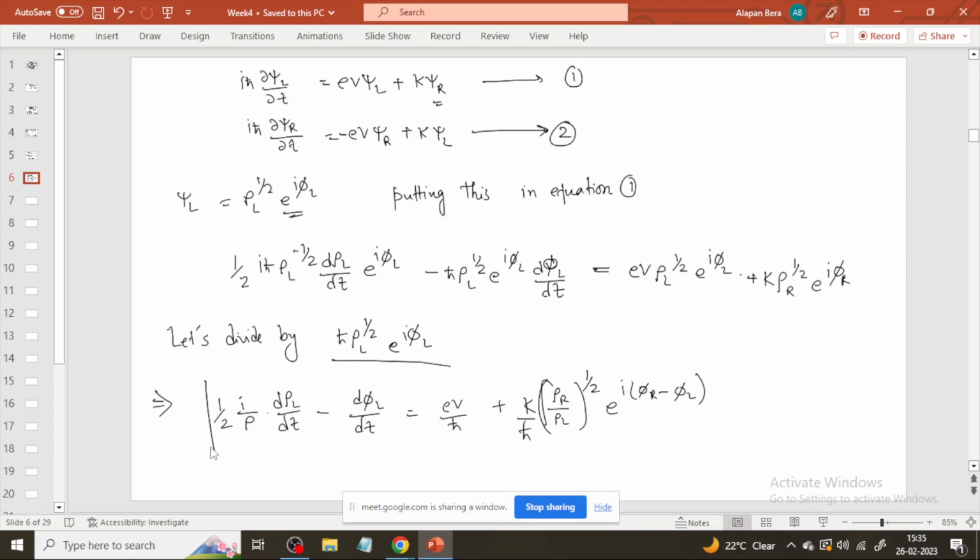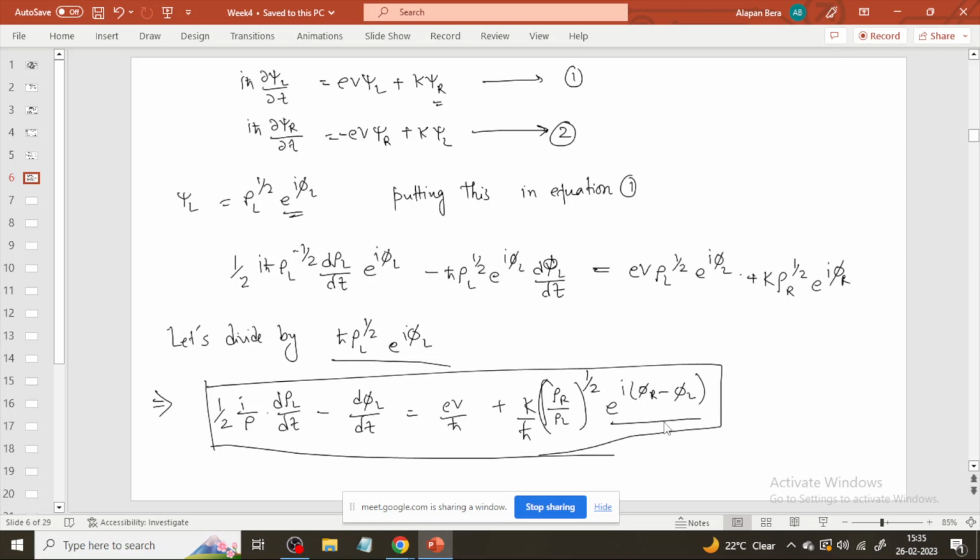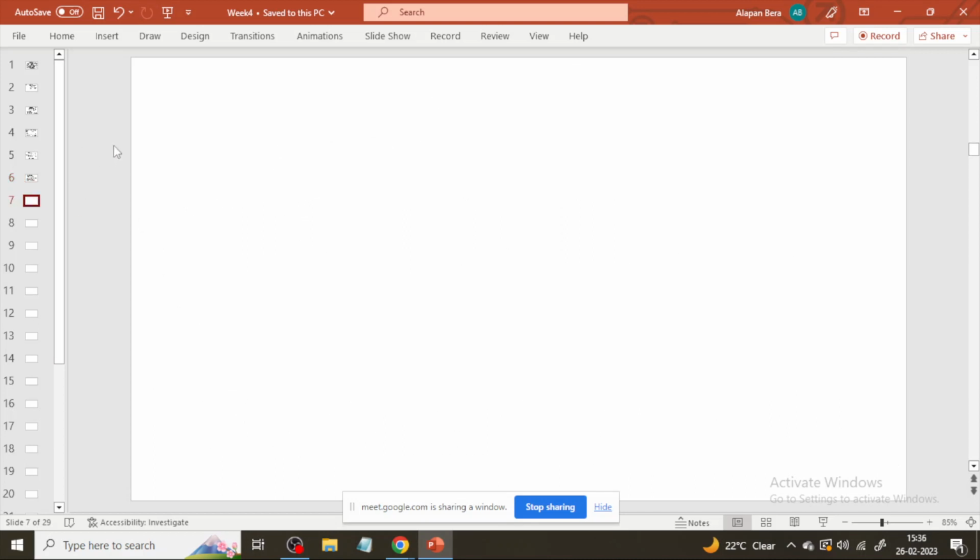Okay, so now we have this equation without them. Now we can write this term e to the power i phi as this. So we break it into the real part and the imaginary part. Putting that in that previous equation, what do we get? We get i by 2 root rho L d rho L by dt.